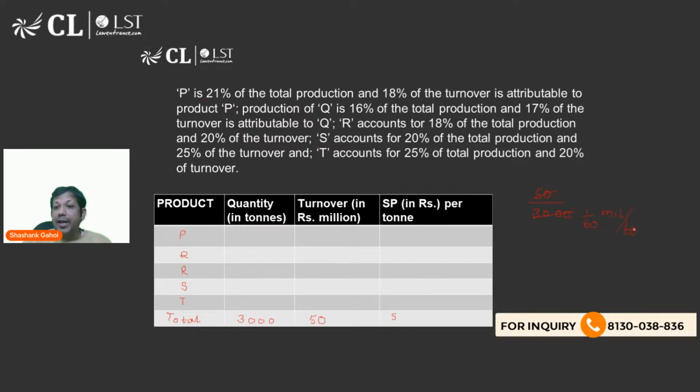So that is my average selling price. So basically 1 million is 10 lakhs. So 10 lakh divided by 60, the zeros cancel out. So this is going to be 16,666.66.